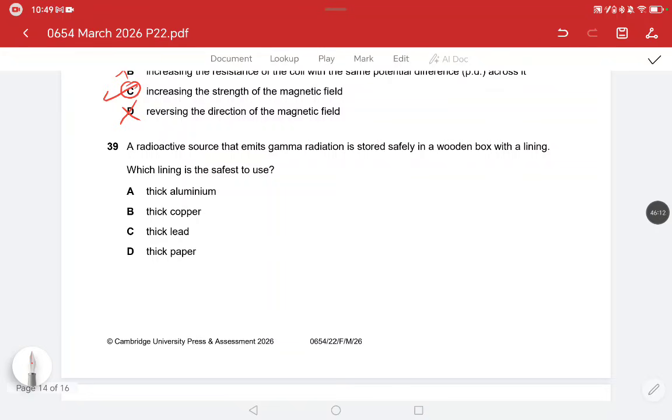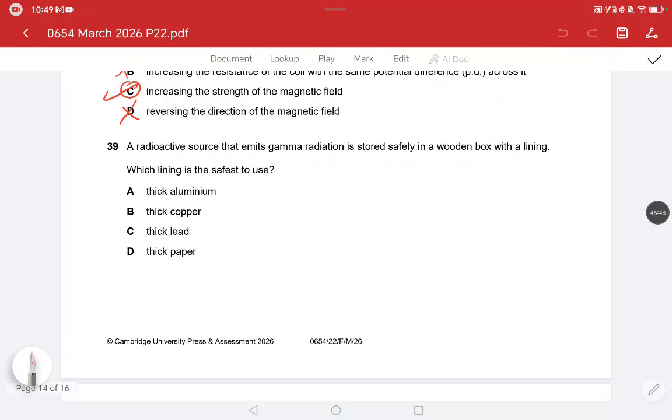Beta can be stopped by a few millimeters of aluminium. Gamma needs several centimeters of thick lead, or concrete, to stop it.